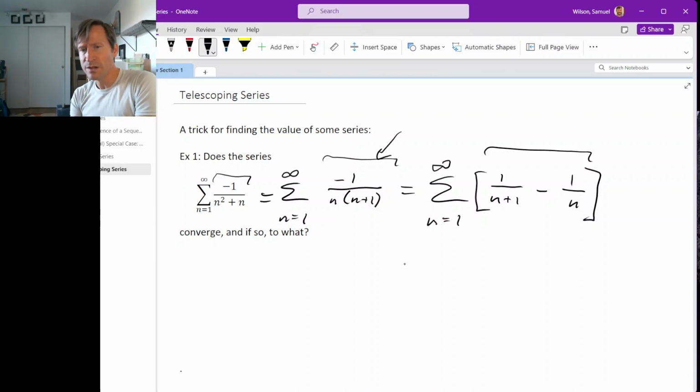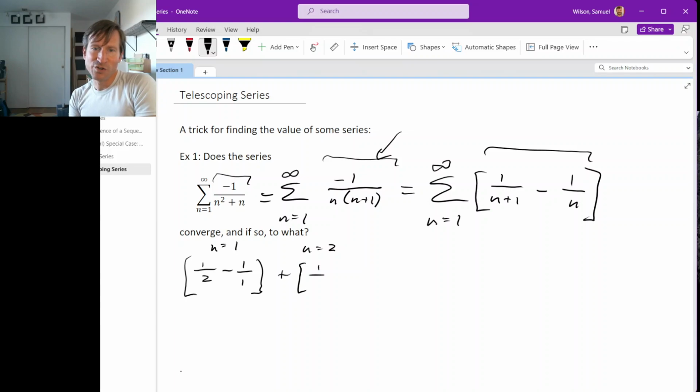Okay. So just to understand what's going on here, let's write out the first few terms of this series. When n is 1, we're going to get 1 over 1 plus 1, which is 2, minus 1 over 1. So that's the n equals 1 term. And then plus, let's write out the n equals 2 term.